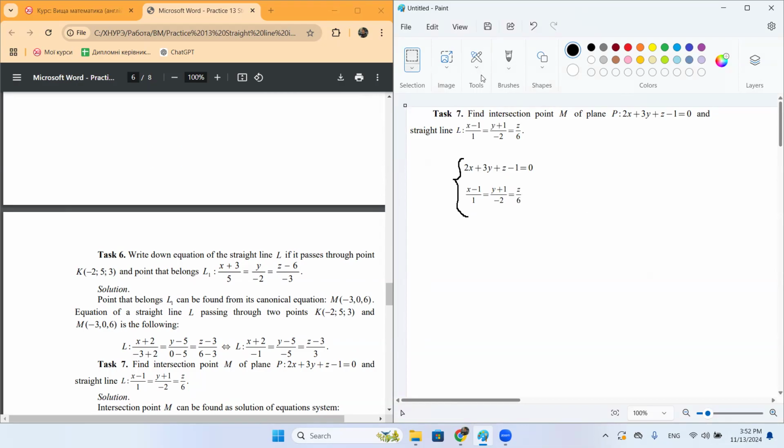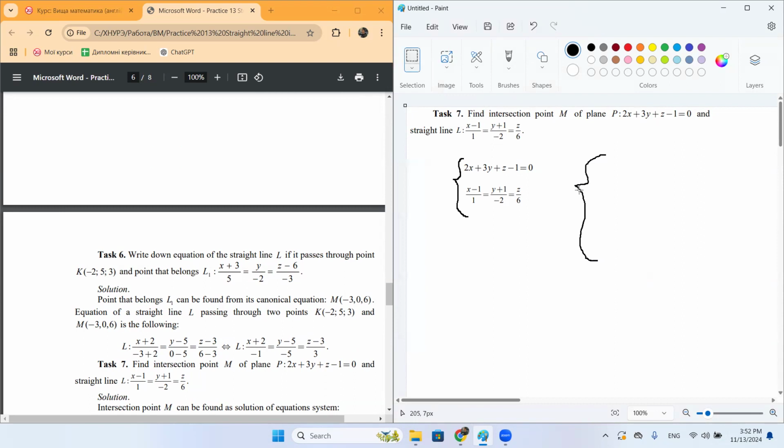I will explain how to do it. So we need to transform the canonical equation of the straight line L to parametric form, and then we'll substitute the parametric form of coordinates into the plane equation. Okay, let me comment on it during the solution.